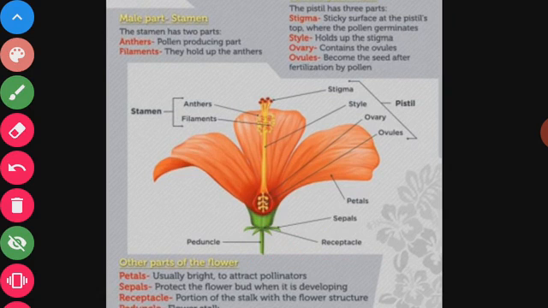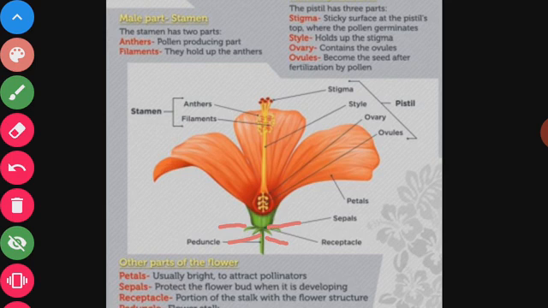Second, sepals. These sepals are green leaf-like structures in the outermost circle of a flower. When the group of sepals is present, all the sepals taken together are known as calyx.